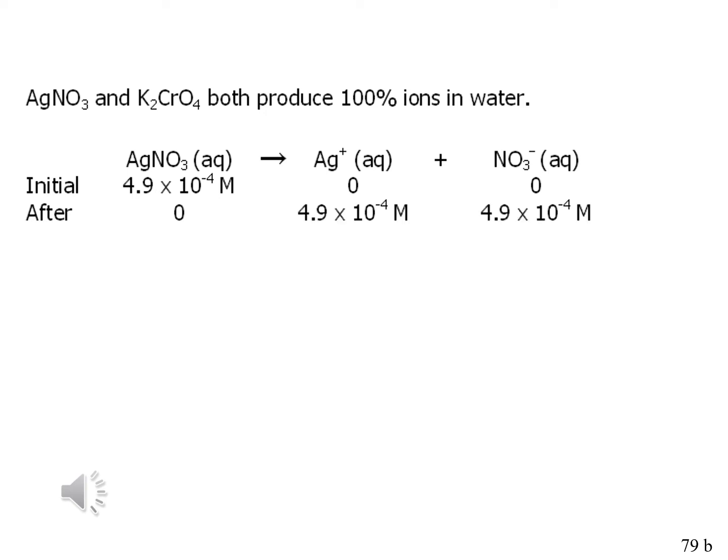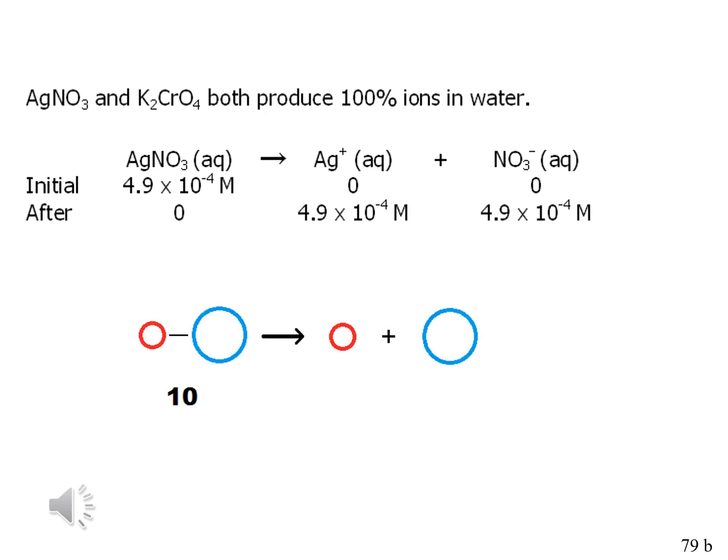The only one we're really interested in, of course, is the silver ion. But why are they the same? A lot of people have trouble understanding this, so I tried to draw a picture to show you why. If you took a compound that was made of red and blue circles and dissolved them in water, you're going to split them apart 1 to 1. If you dissolve 10 of the molecules, how many red circles would you get and how many blue ones?